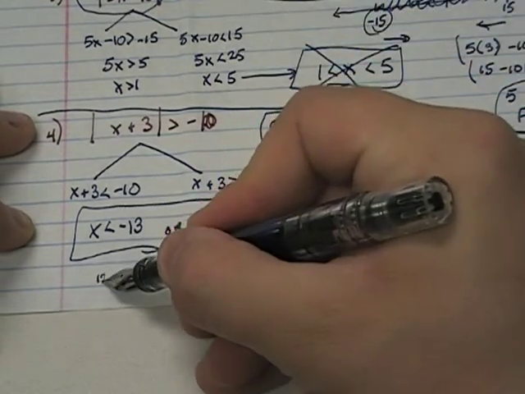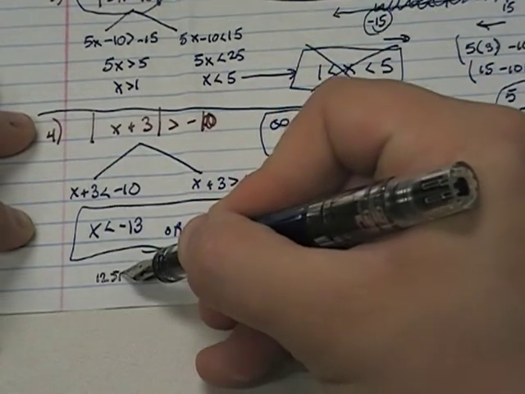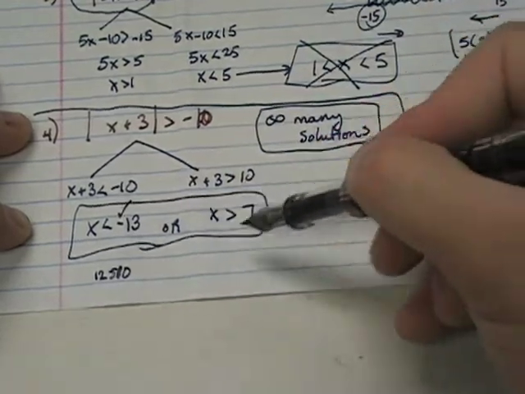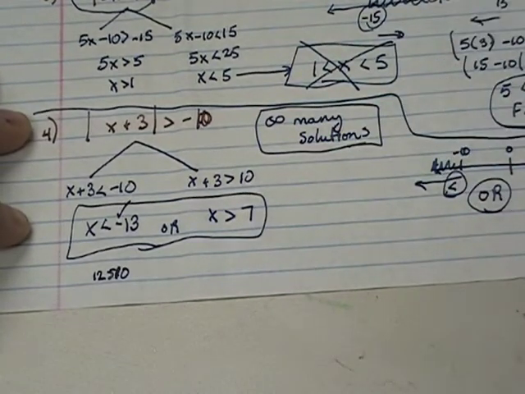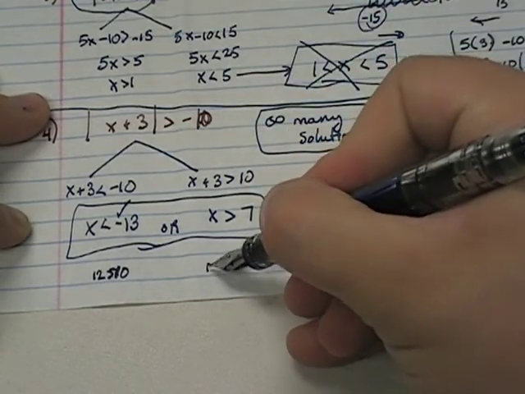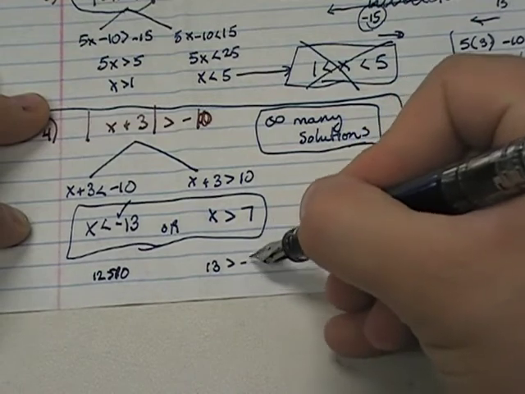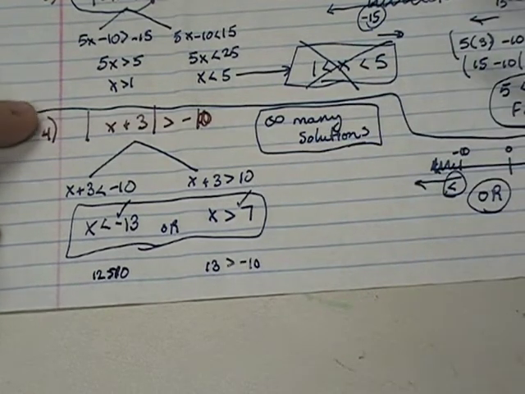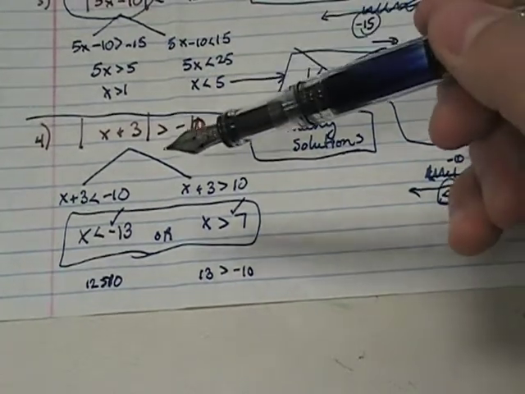Sure. So we know that works. We try the other interval, a number bigger than 7. Let's try 10. 10 plus 3 is 13. The absolute value of 13 is 13. Is 13 greater than negative 10? Sure it is.